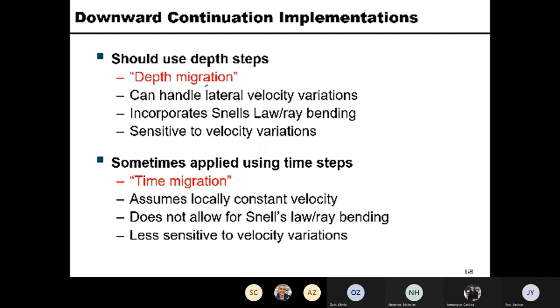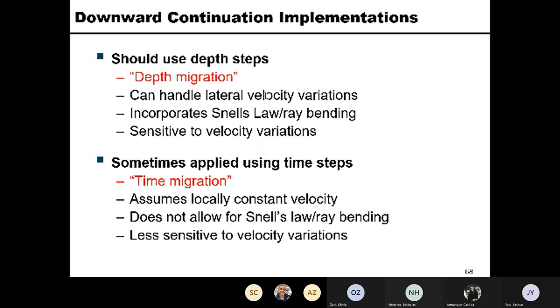For the depth migration, you can handle lateral velocity variation. Because you only do the delta z, within this delta z, the velocity can vary laterally. So this one can handle lateral variation. For time migration, you always assume velocity is locally constant, but for depth, you can assume velocity is not constant.